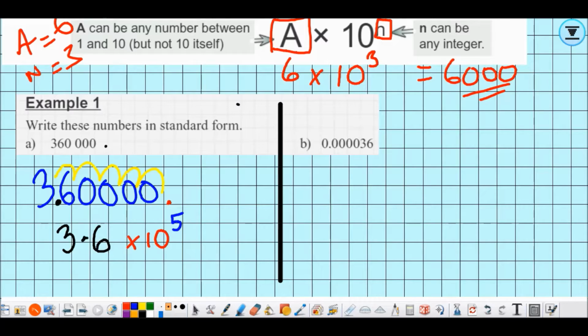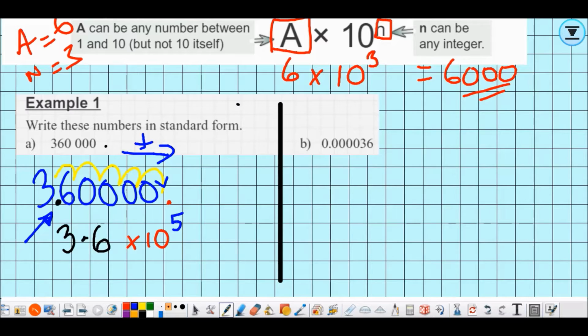Now remember, the key thing is, once I've put the decimal point in just there, which way am I moving to bounce my decimal point back to the original number? I'm moving this direction, so that's going to give me a positive power. How do I reconcile that and make sense of that?